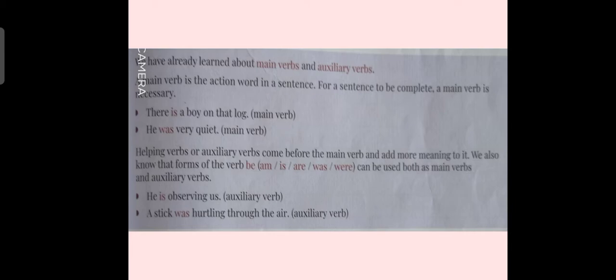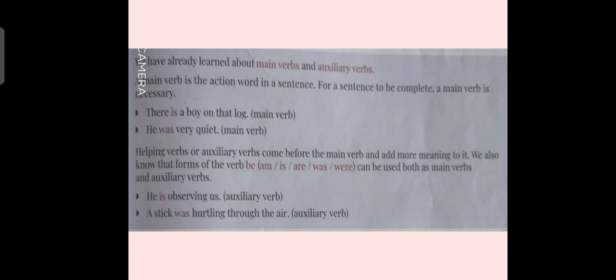Dear students, it's been said here that different forms of be can be used as helping verbs and main verbs both. Helping verbs add more meaning to the verb. It tells us when the action was done.